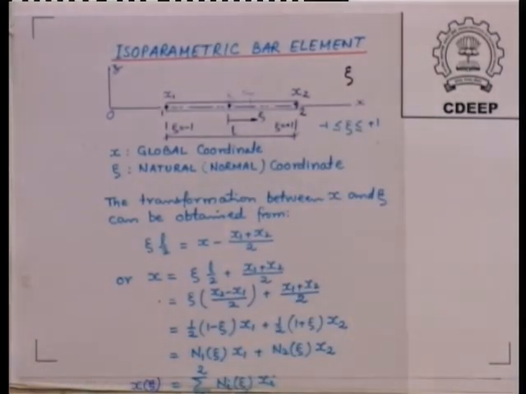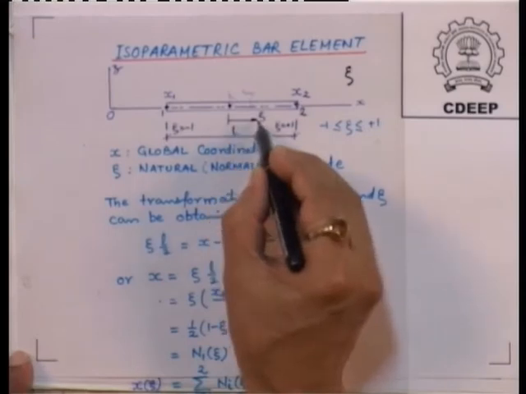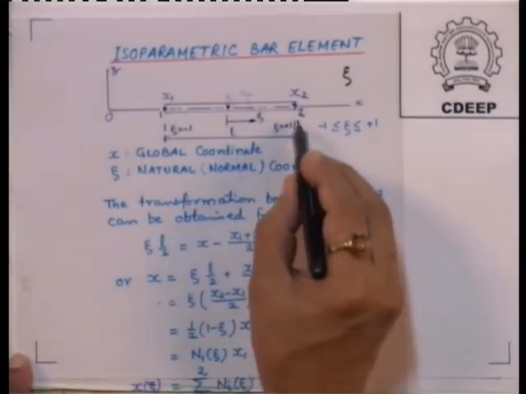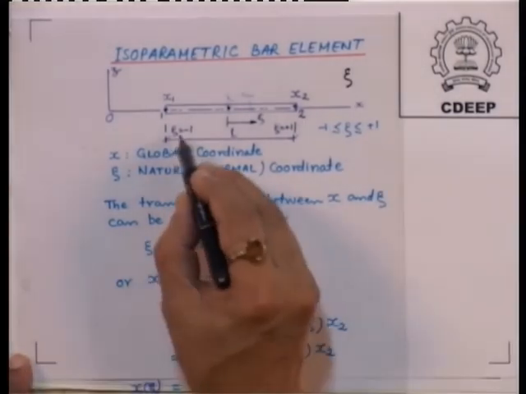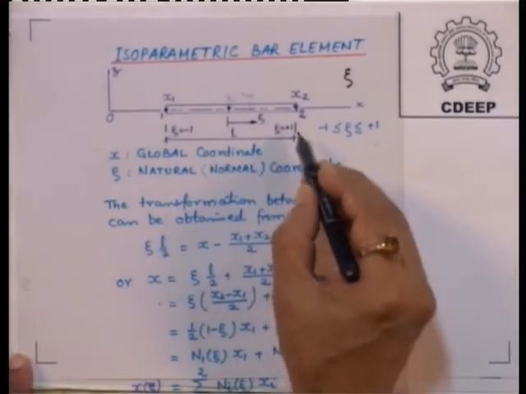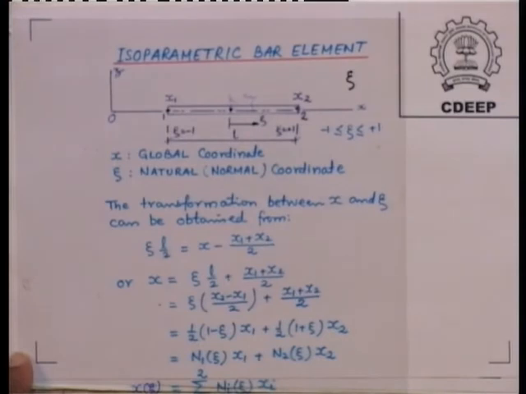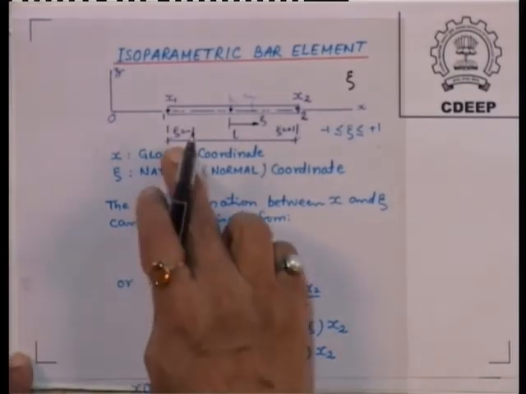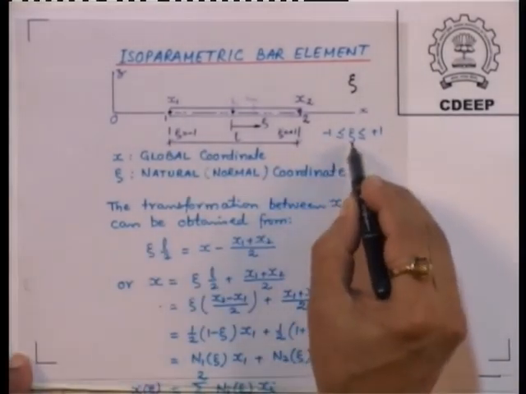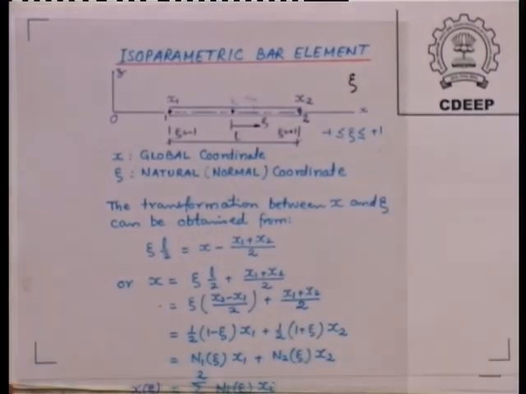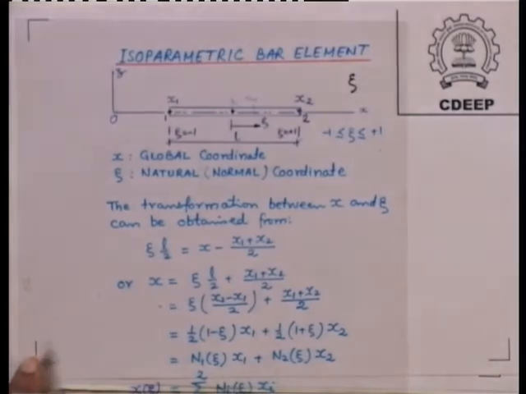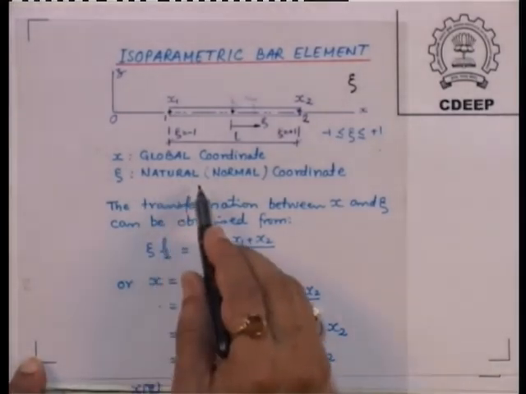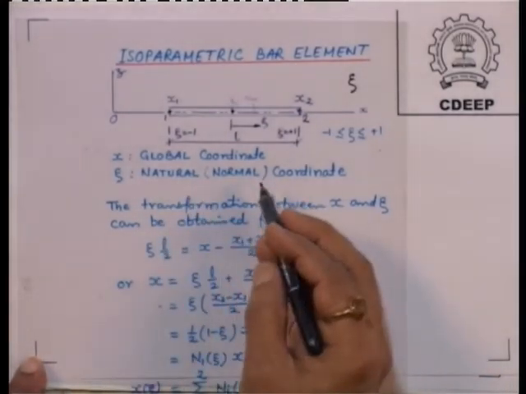I take a non-dimensional coordinate which I denote by psi. So psi starts from here, positive on this side, negative on this side. I want psi equal to -1 here and +1 here. This is the length of the element. So psi goes from -1 to +1.